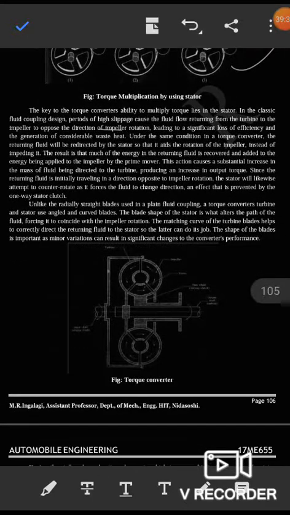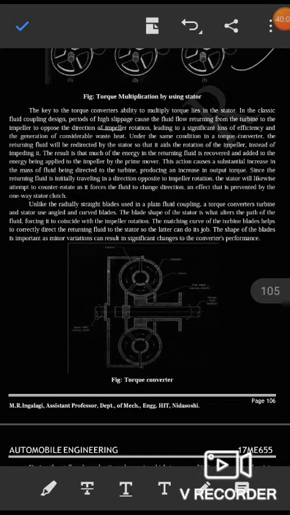Unlike the straight blades used in a plain fluid coupling, the torque converter turbine and stator use angled and curved blades. The blade shape of the stator is what alters the path of the fluid, forcing it to coincide with impeller rotation.